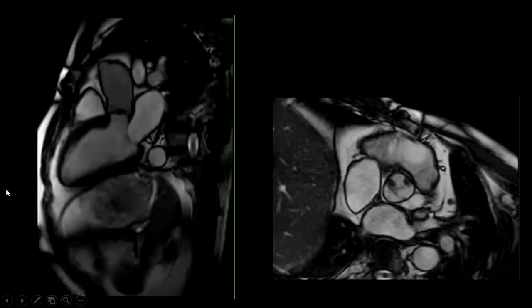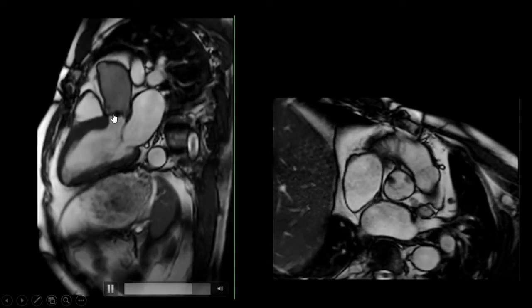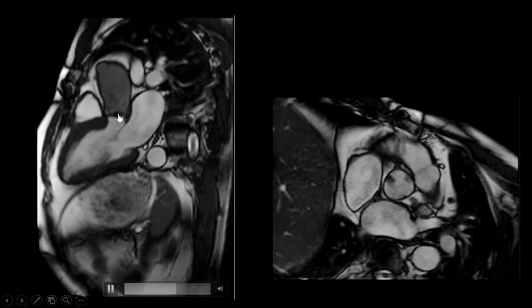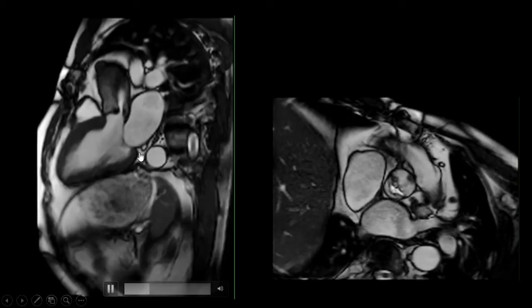This is a case in which we can see this is the 3-chamber cine view and this is the LVOT view, where we can see the aortic valve leaflets show restricted opening with flow acceleration across it, suggestive of aortic stenosis. This is another case where this is a cine 3-chamber view which shows thickened valve leaflets with restricted opening and associated flow acceleration.